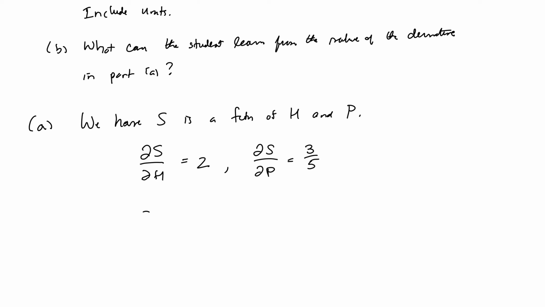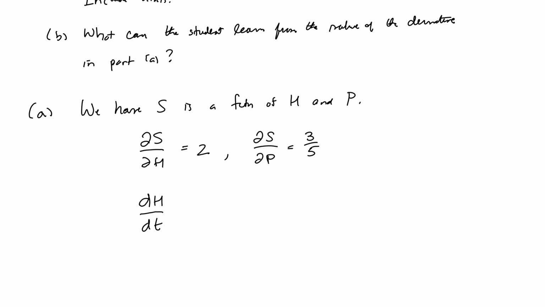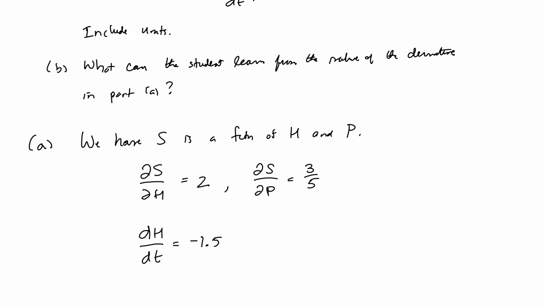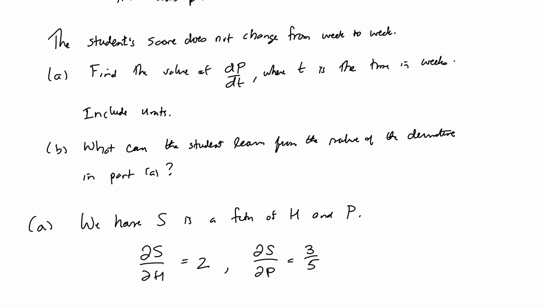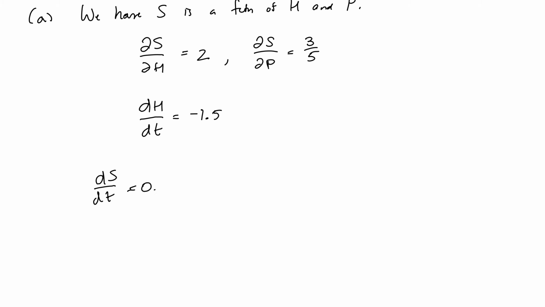And then finally, dH/dt, the number of hours, we're told is going down by 1.5 hours per week, so this would be minus 1.5. We're also told the student's score does not change from week to week, so dS/dt has to be equal to 0 because it's not changing.